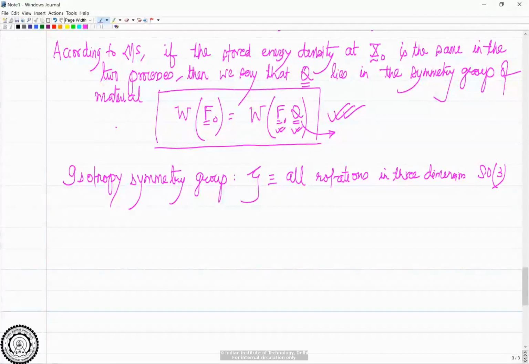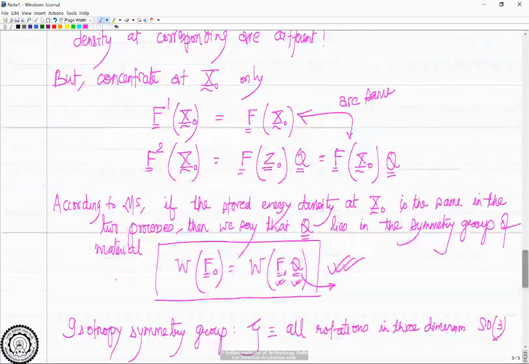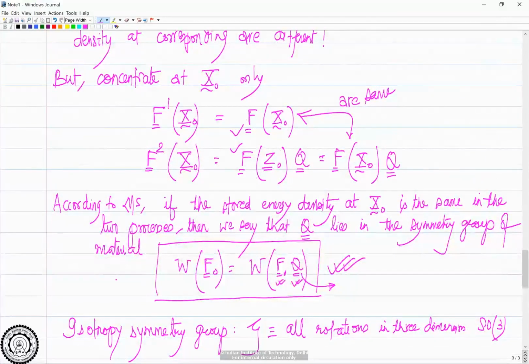Therefore, we can never make energy stored same at all the points. Of course, if the body is isotropic at all the points, then the energy stored will be the same at all the points, provided the deformation F that you are applying is such that F of x naught and F of z naught are the same.